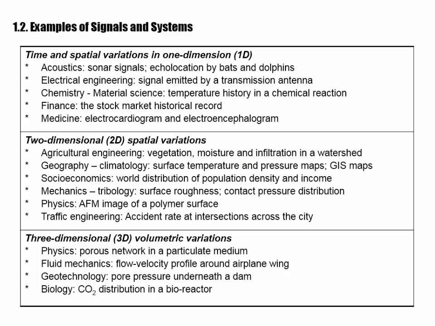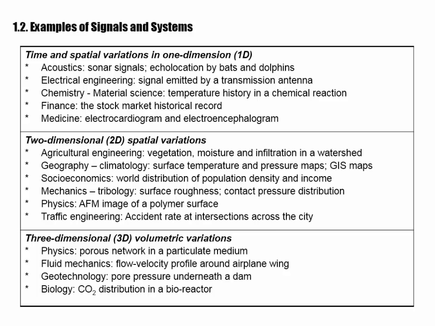Examples of signals and systems: time and spatial variation in one dimension. I think you can read it. For example, in chemistry and material science, the temperature history in a chemical reaction. So temperature varies with time only, so it is one-dimensional variation. Two-dimensional spatial variation is like topography, right?